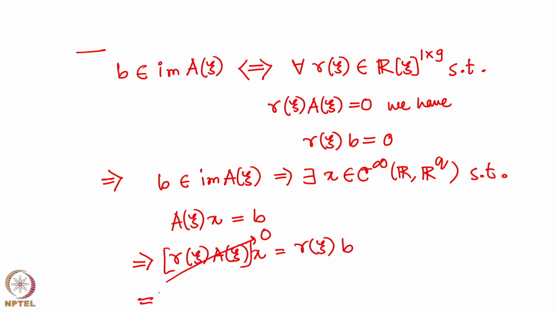So the 0 operator acting on a trajectory must produce 0. So 0 is equal to R(ξ)B, obviously. Yeah. So we have proven this direction.